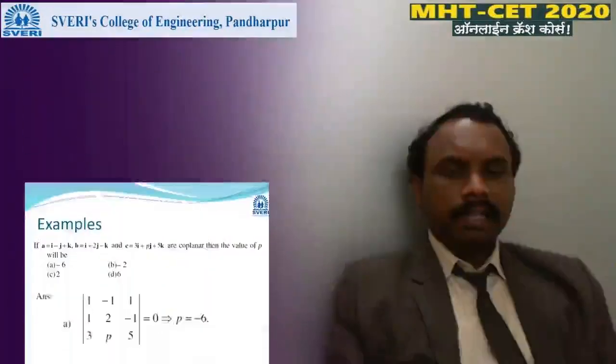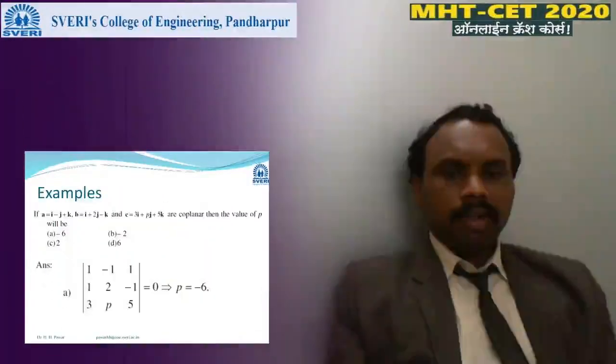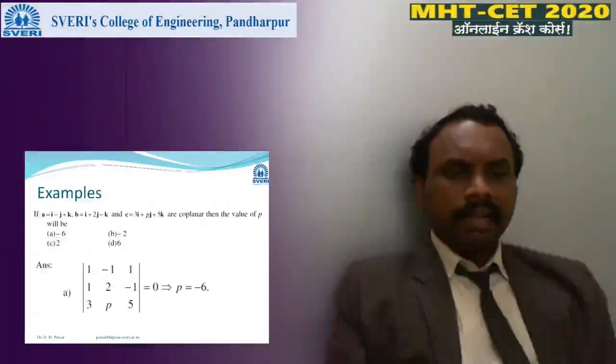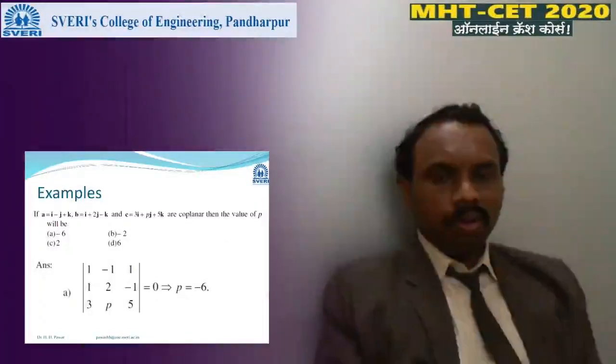Next example: if A is equal to i minus j plus k, B is equal to i plus 2j minus k and C equal to 3i plus pj plus 5k are coplanar, then the value of p will be? As we know, if three vectors are coplanar, then their box product is 0.